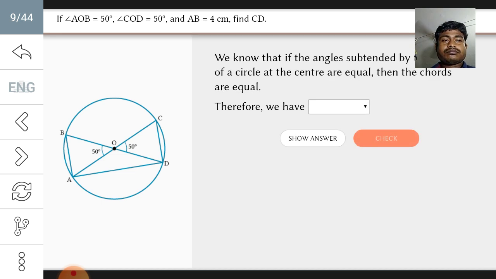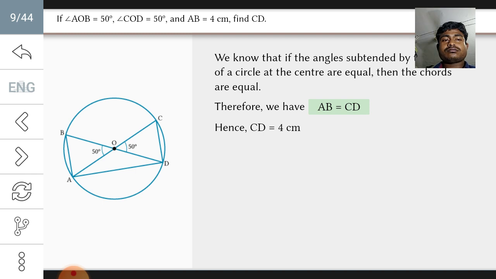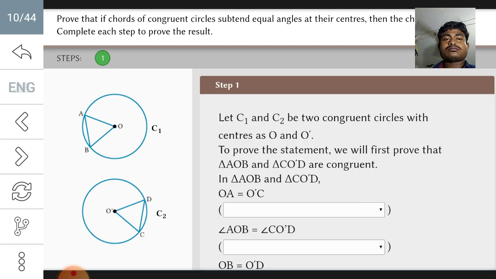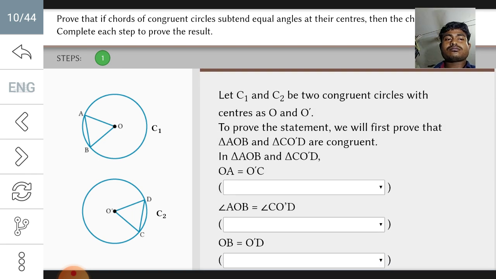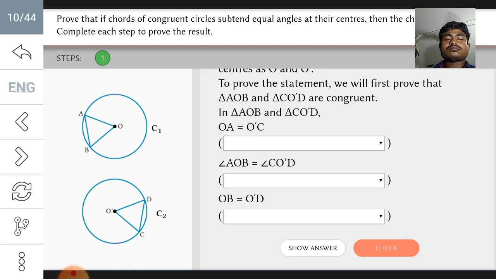Fill in the blanks with the correct options.